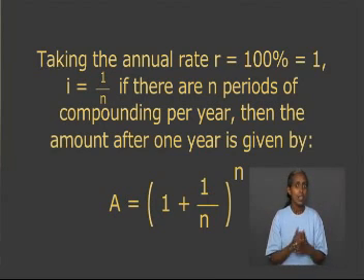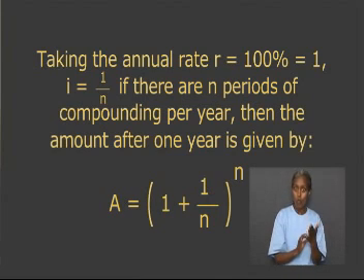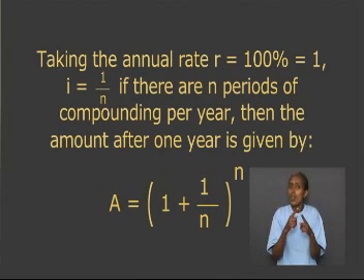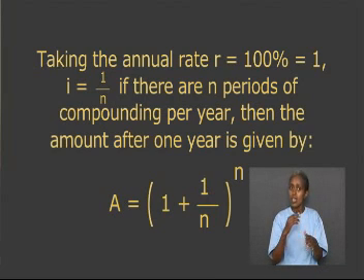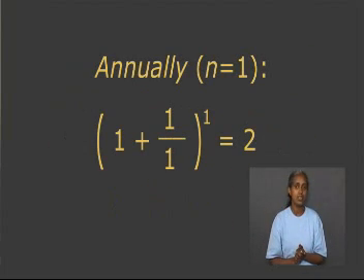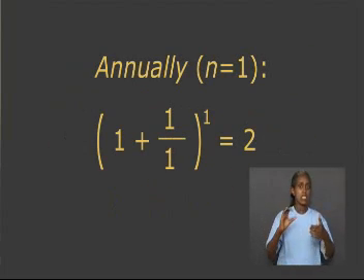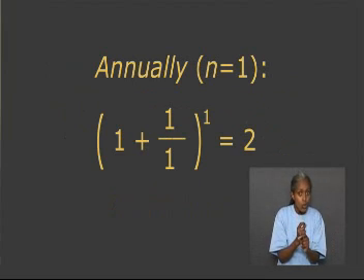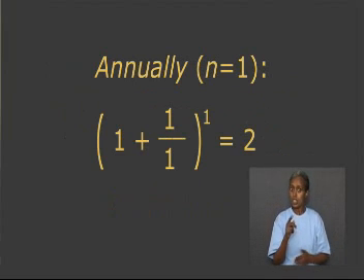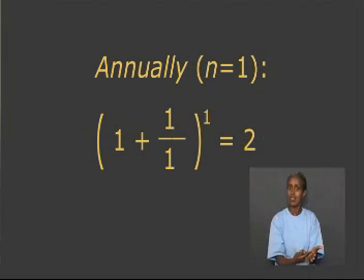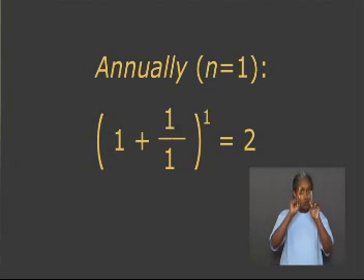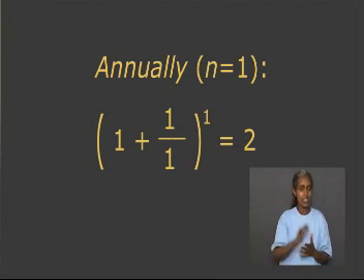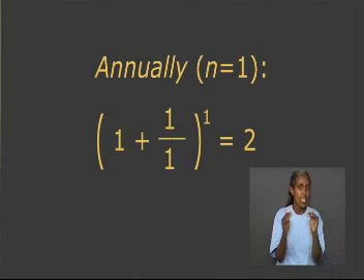Let us use our formula to calculate how different periods of compounding will affect how much interest is earned. If interest is compounded annually, then the equation looks like this: (1 + 1/1)^1. This equals 2.